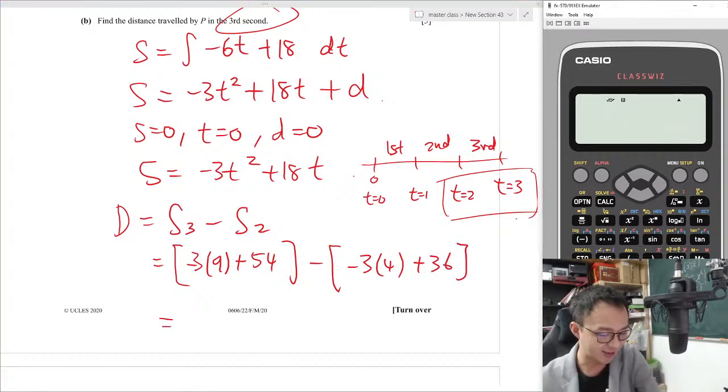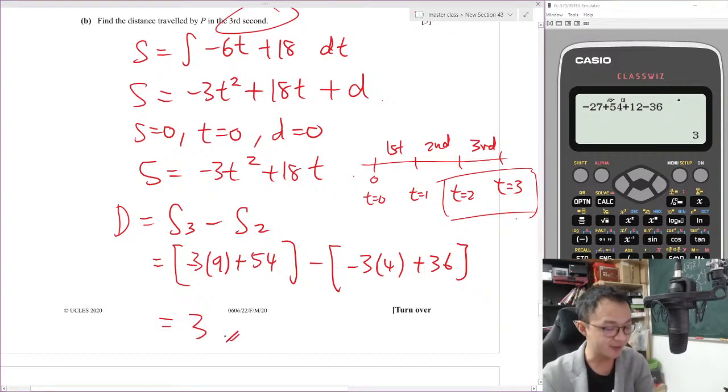I might get some negative thing, then I will just take the modulus. Okay, so negative 27 plus 54, and then minus 12 becomes plus 12, minus 36. Yeah, I will get 3 as my distance here.